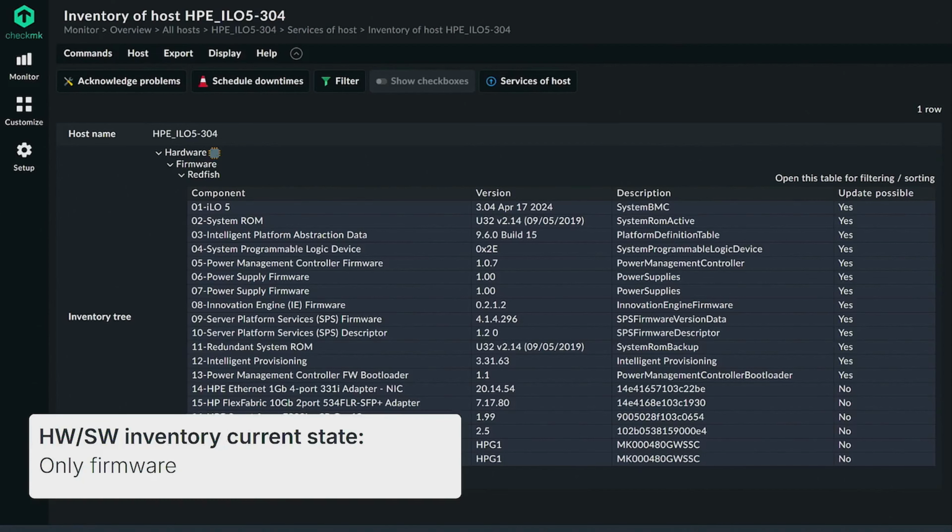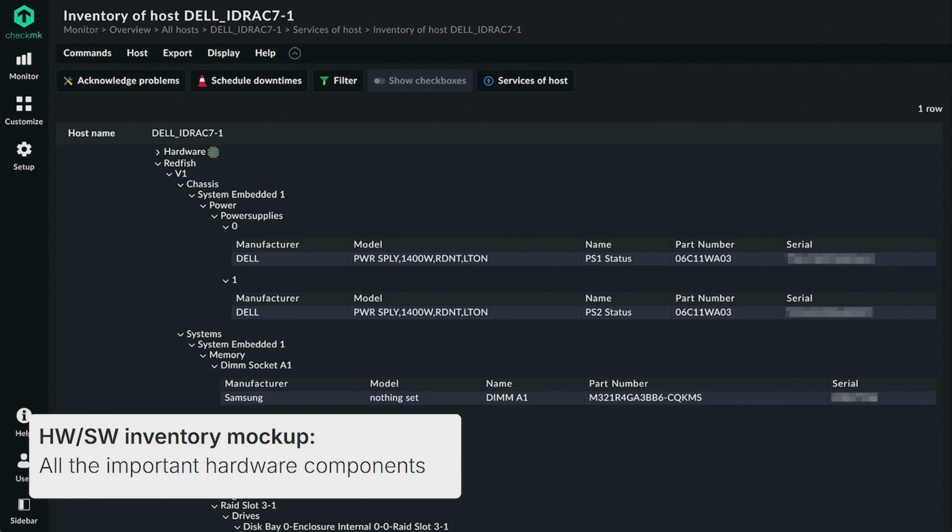On the next slide, I have made a small mock-up of how a hardware-software inventory can look in the future. Then you see every component with its name, serial number, part number, the important information if you have a defect and need a replacement or something like that. I think that's a good way, but if I get feedback, it would be nice. What do you think about this?